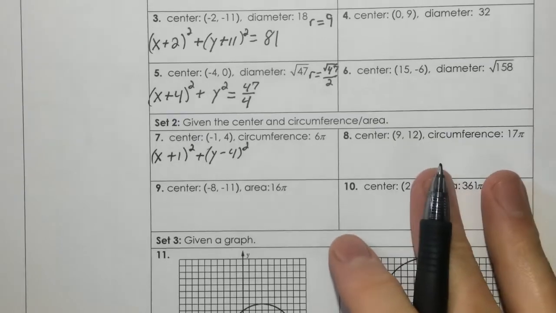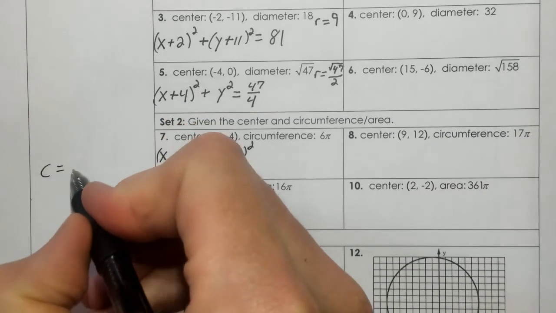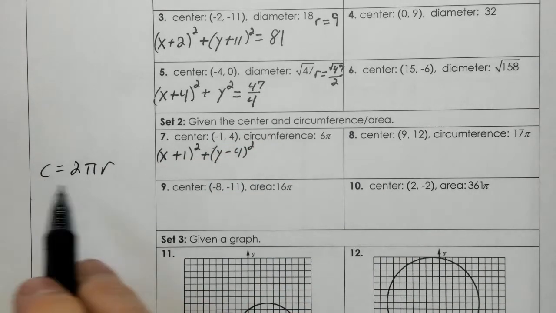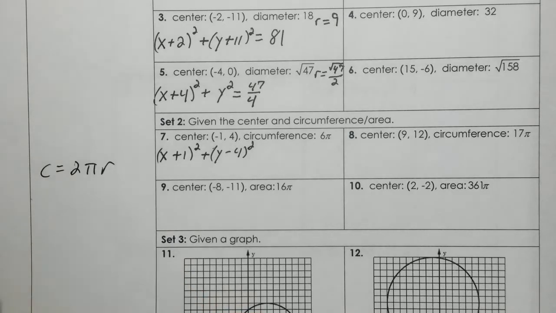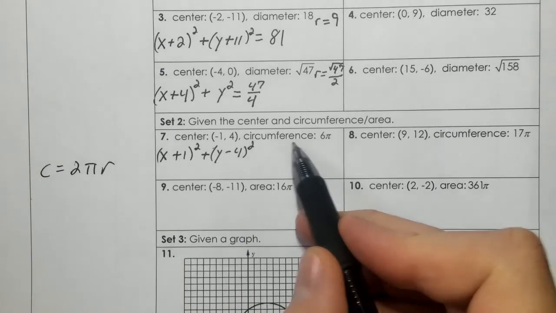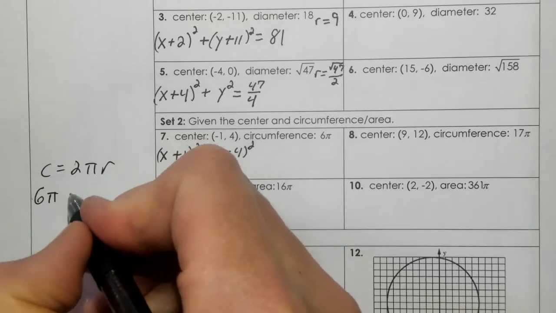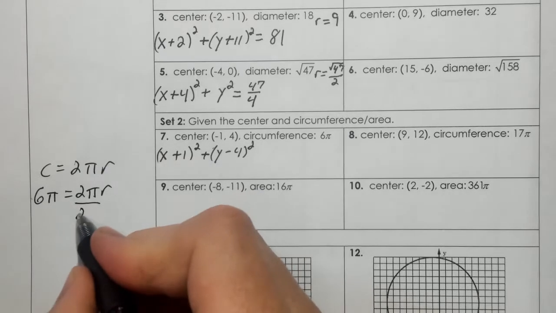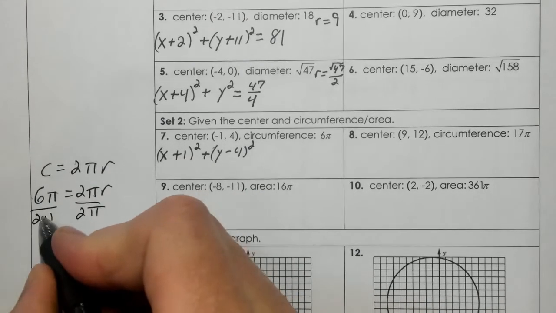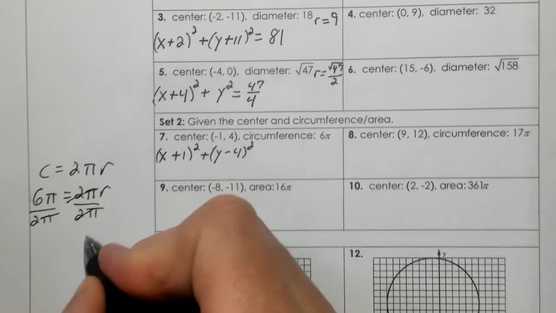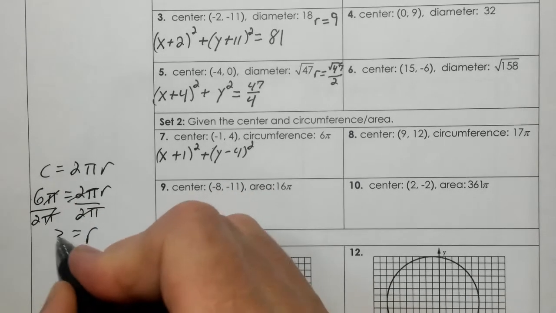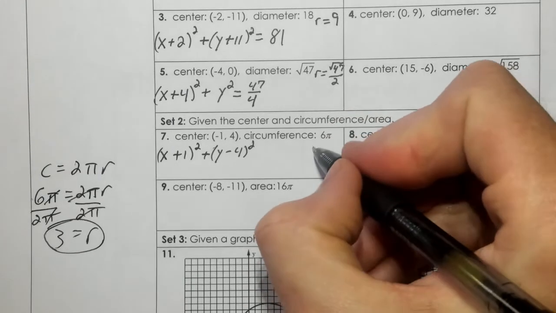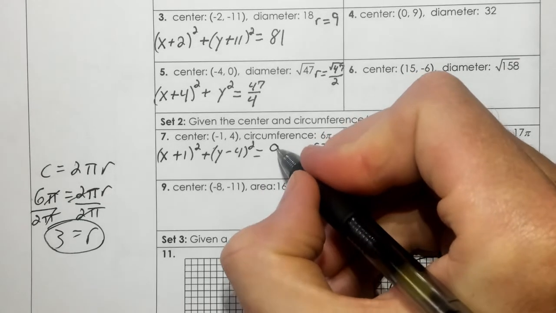Normally, my circumference is found with the formula C = 2πr, but I'm given 6π as the circumference. So 6π = 2πr. If I divide both sides by 2π, the π's cancel. 6 over 2 is 3. So my radius for this one is just 3. And if we square that, we get 9.